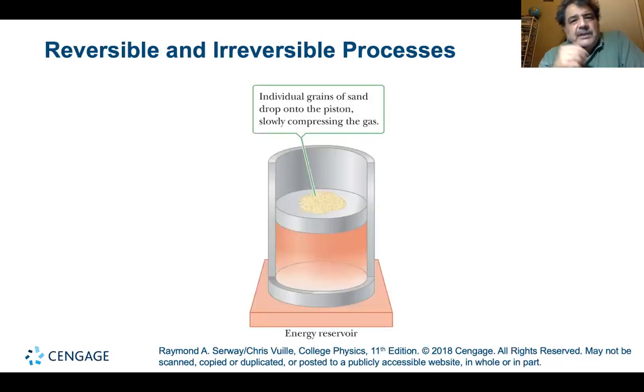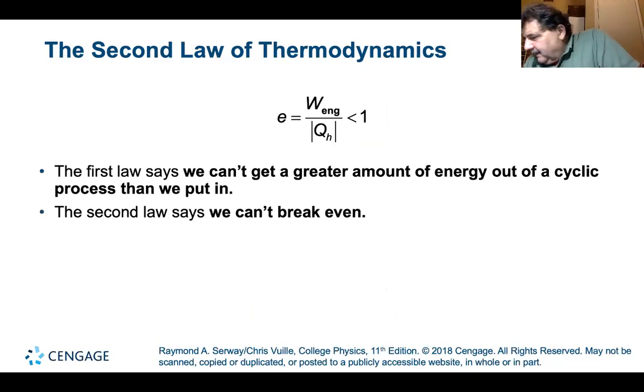Okay, reversible and irreversible processes. Let me go back to the Kelvin-Planck formulation of the second law of thermodynamics. It says that no heat engine operating in a cycle can absorb energy from a reservoir and use it entirely for the performance of an equal amount of work.